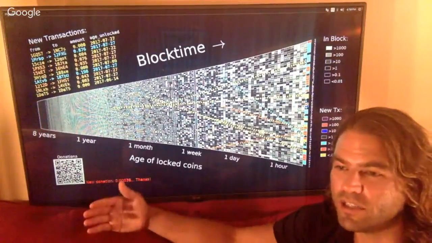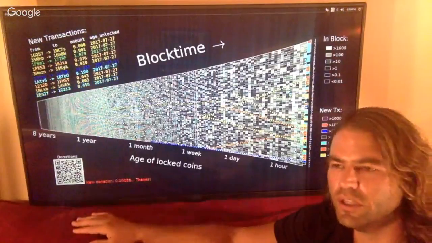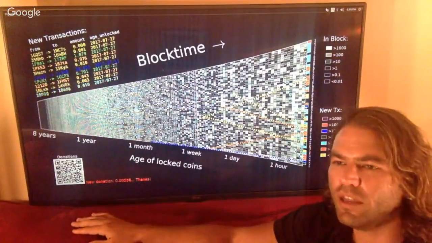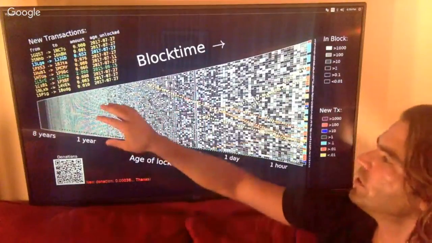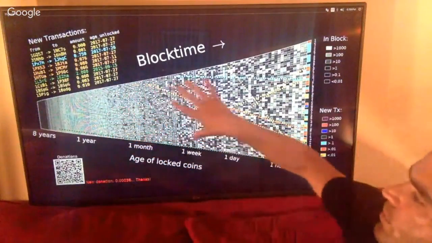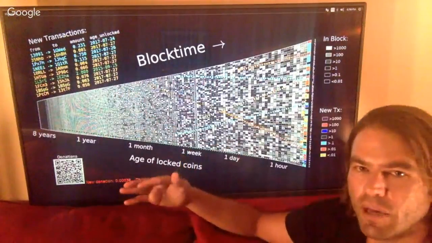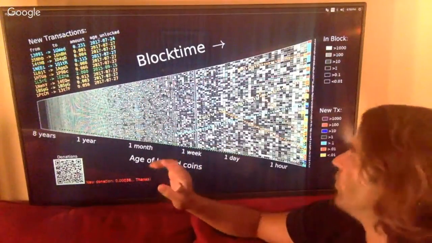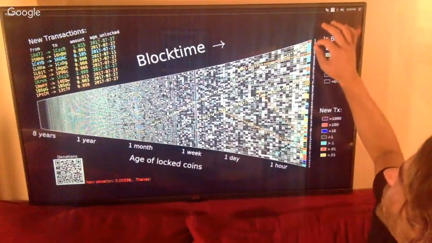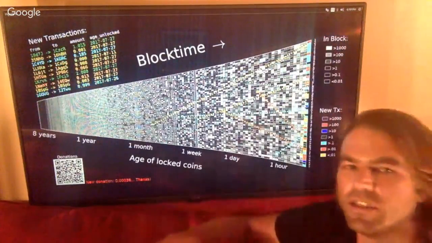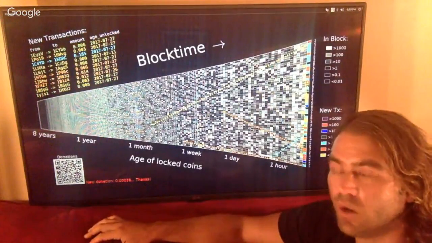Another way that miners make money is on the Coinbase rewards. The only way that new Bitcoin comes into the wall, like if you were to sum total this entire wall right here, you would have the same amount of coins, except on every block you have new Bitcoin, which gets sent to the miner. That new Bitcoin is 12.5 right now.